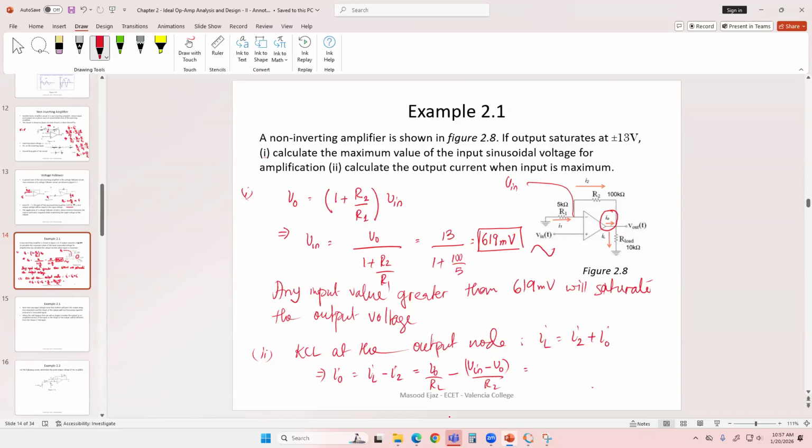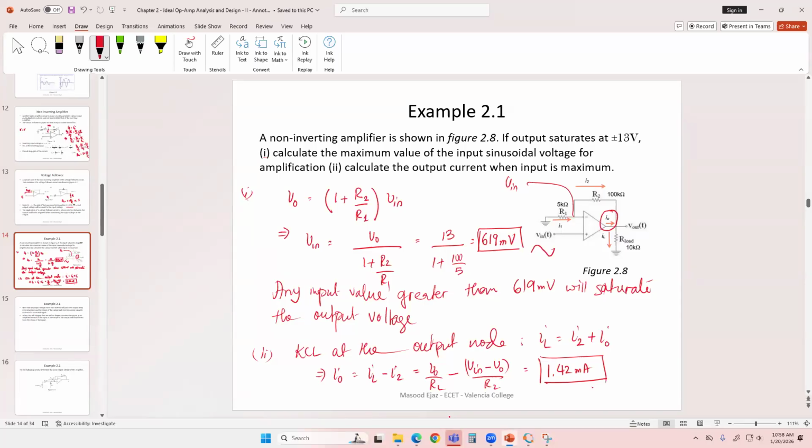How much? 1.42 milliampere. Okay, 1.42. Anyone else getting the same value? You got the same value? Okay. So 1.42 milliampere is going to be the current coming out of the operational amplifier when the input is the maximum value allowed, which is 619 millivolt.